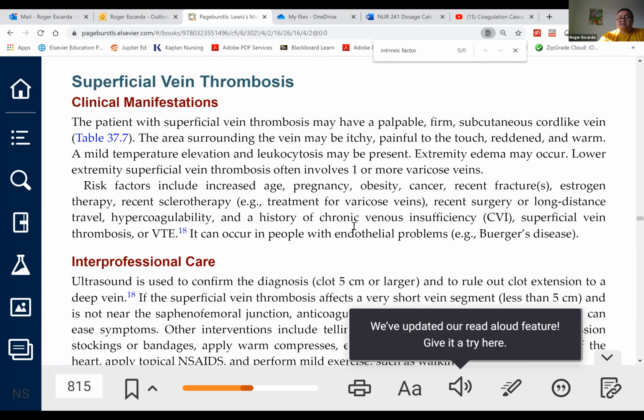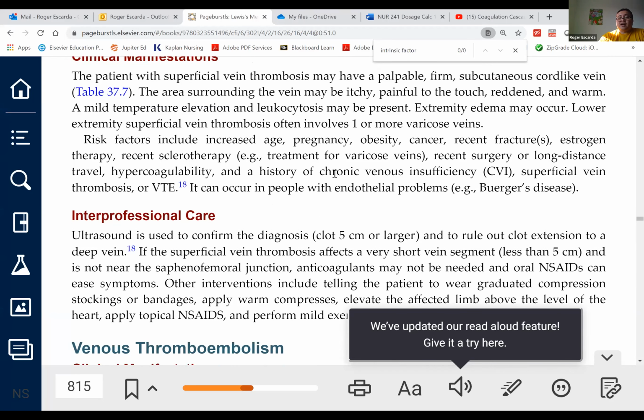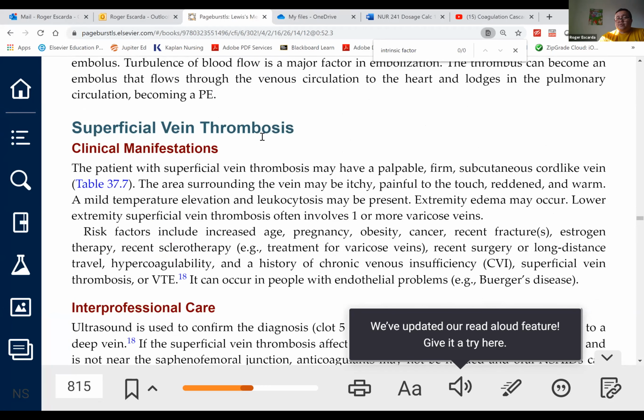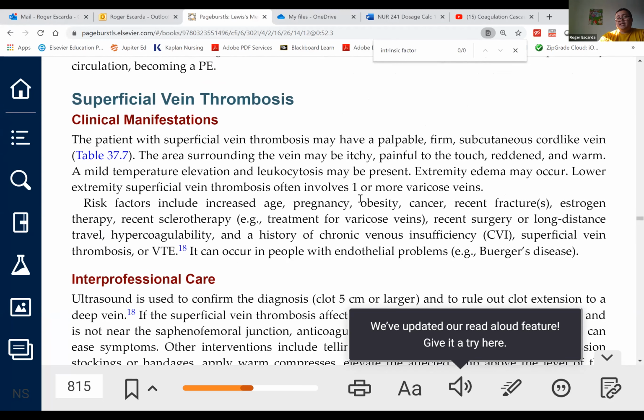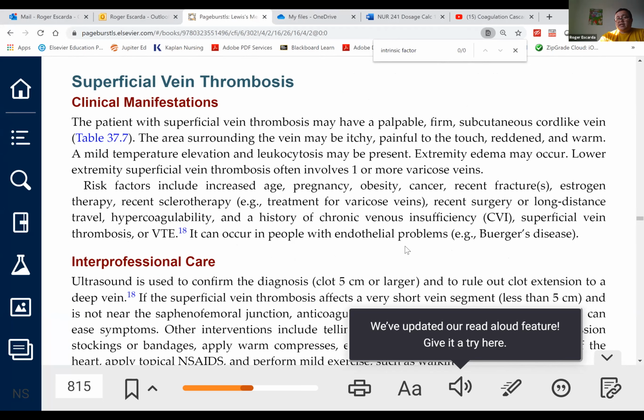Actually, it still is, because if you don't eliminate the risk factor, or you don't do prevention measures, the superficial vein thrombosis can advance and become a deep vein thrombosis, meaning this thing can dislodge and end up inside a deeper vein. As a result, the patient could develop either a PE, an MI, or a stroke from there.